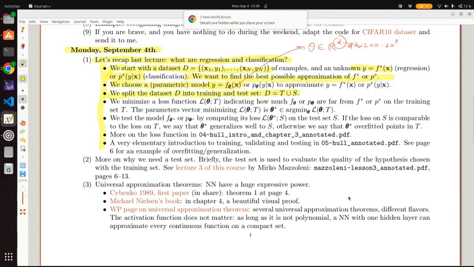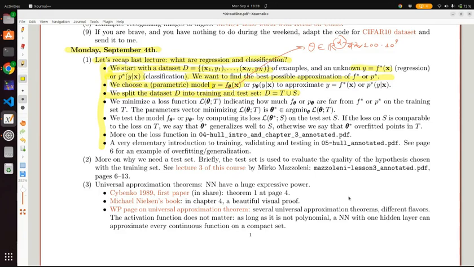And for this reason, we always split in the very beginning all the data we have. That is the only thing that we can use. We split it in a training set and in a test set. The test set is used only to assess the quality of the function that we are now going to find with the training set. Okay.